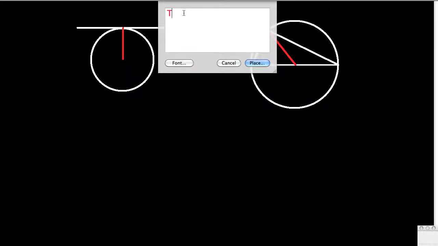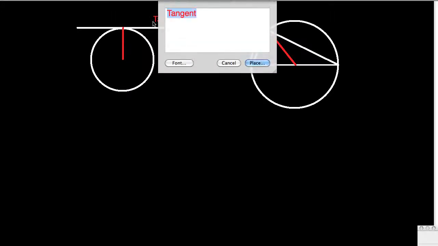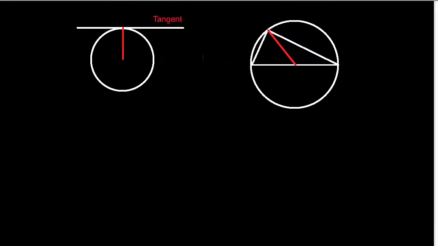So here's our tangent. The tangent is this line which touches the circle at one point, right here, but it only touches the circle at this one point. It doesn't enter the circle and go inside the circle.